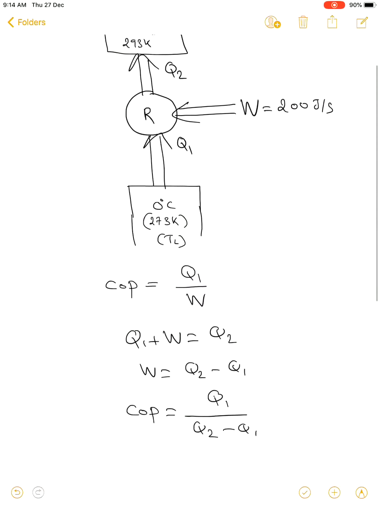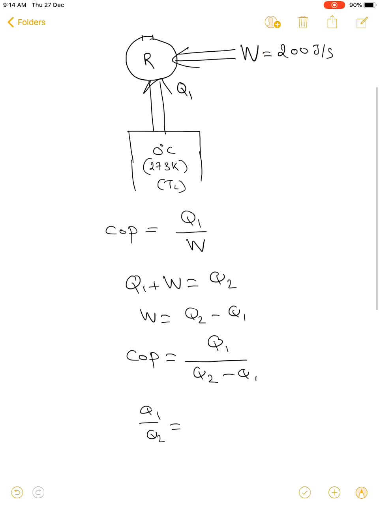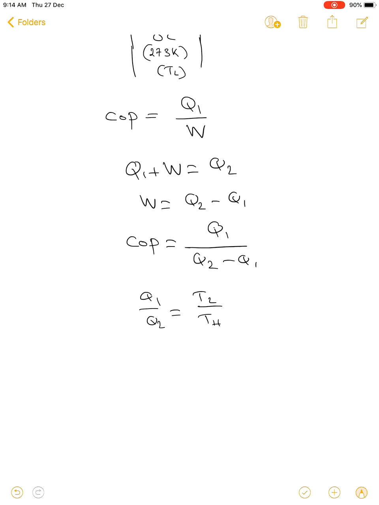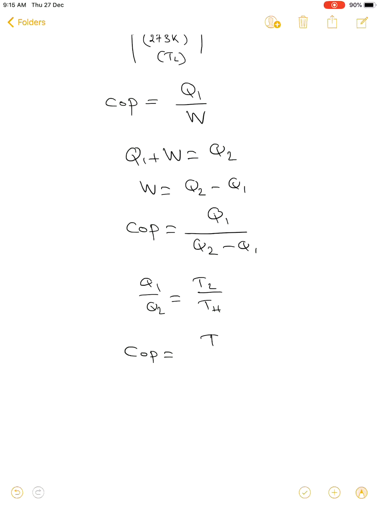Now we know that for a Carnot engine, the value of Q1 divided by Q2 is equal to TL divided by TH. So you can write the equation for this COP in terms of temperature, that is TL divided by TH minus TL.